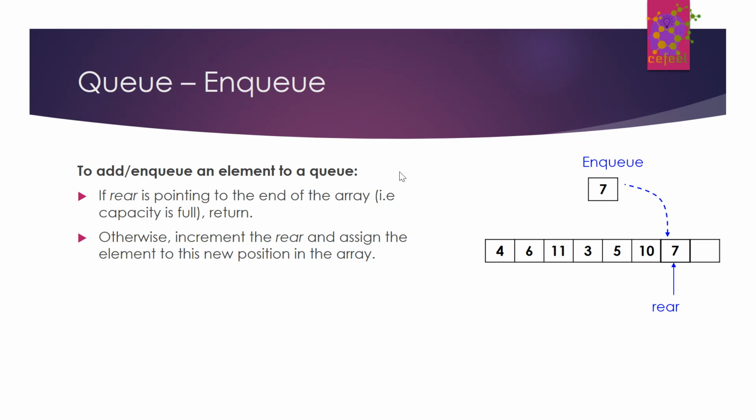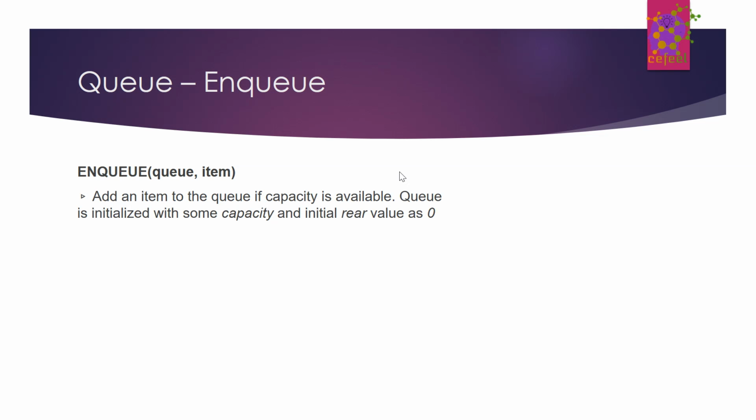Let's see the enqueue operation's pseudocode. So here is the enqueue procedure, or the algorithm, and what enqueue does is it adds the item to the queue if there is capacity available. So the queue is initialized with some capacity and has an initial rear value of 0. Which means when there are no items in the queue, the value of the rear pointer is 0.